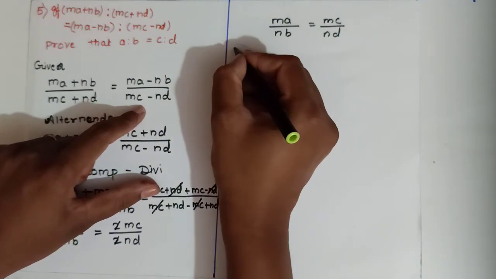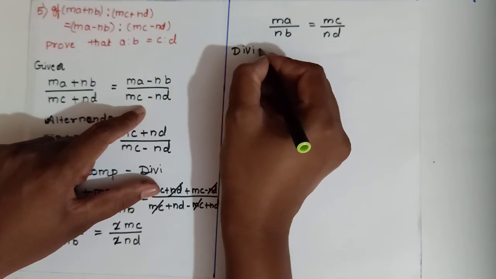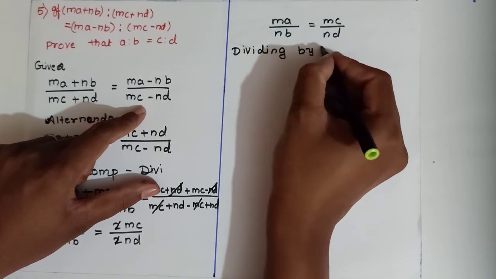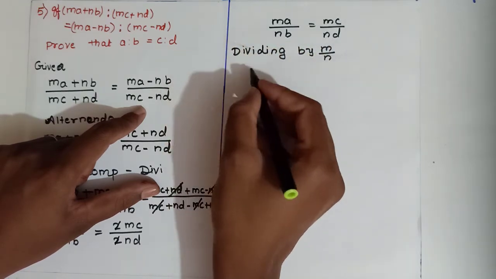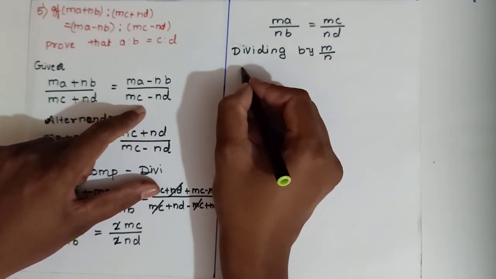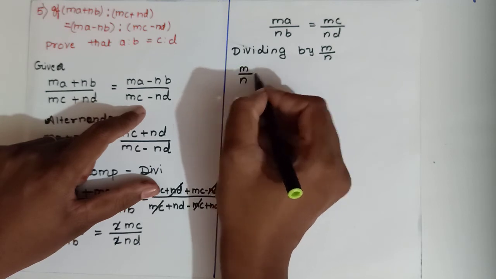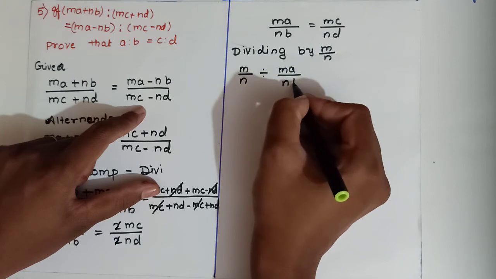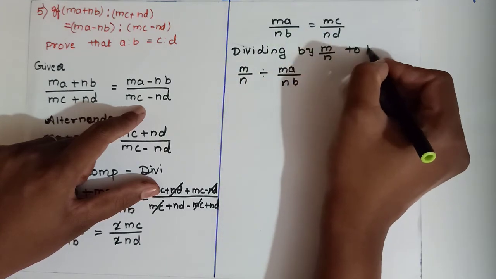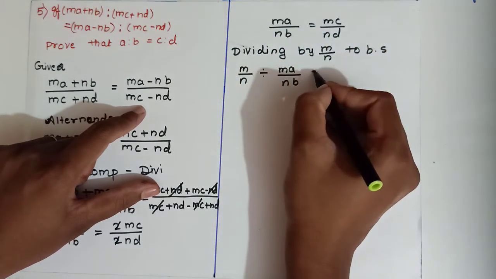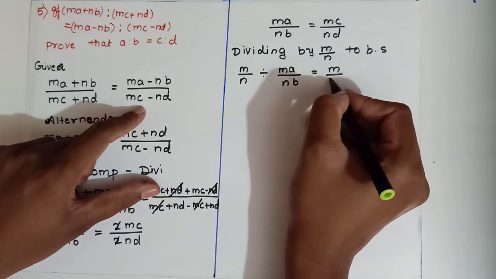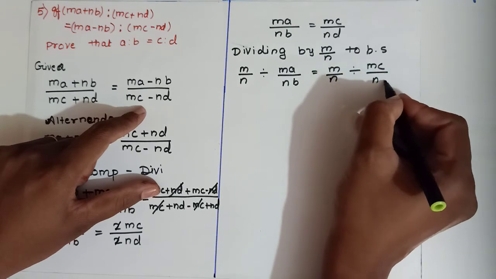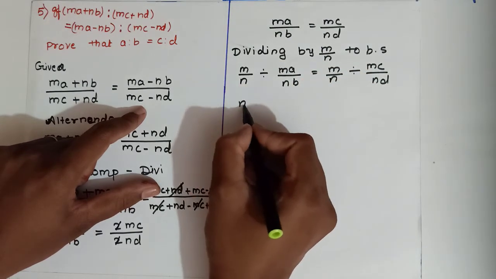Now dividing this by m upon n. So when you divide by m upon n, m upon n divided by ma upon nb on both sides, then this will become reciprocal.